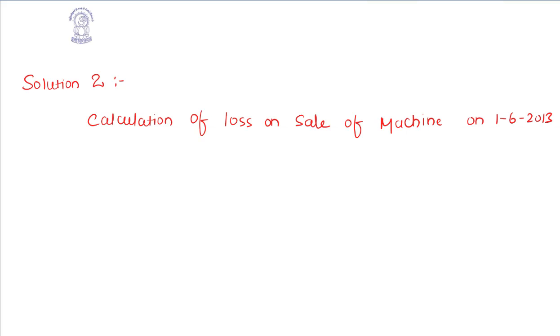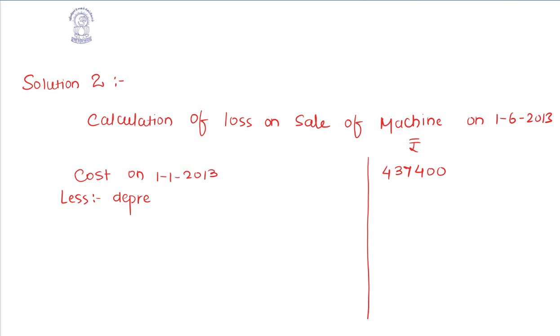The cost on 1st of January 2013 was 4,37,400, less depreciation at the rate of 10% on 4,37,400, which is 43,740. 437,400 minus 43,740.